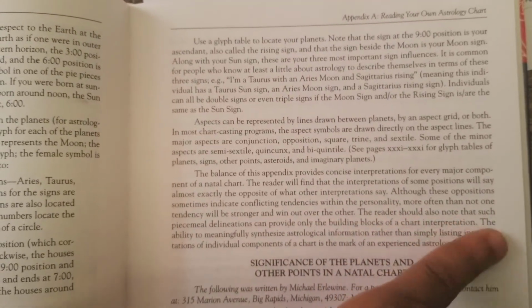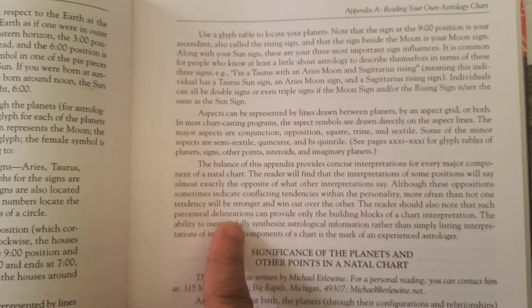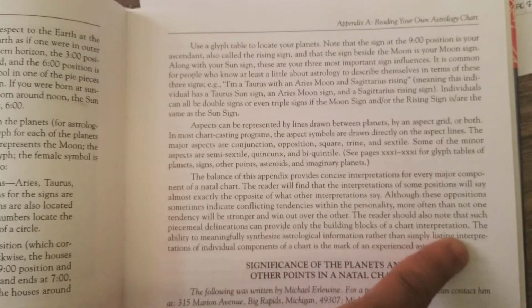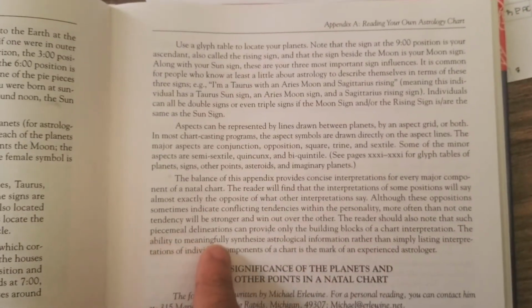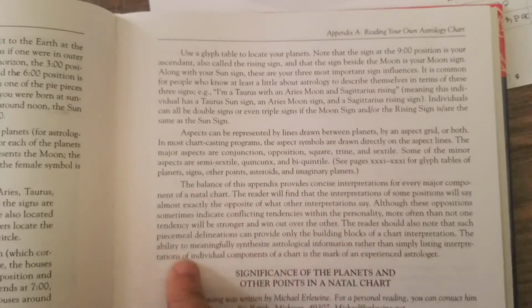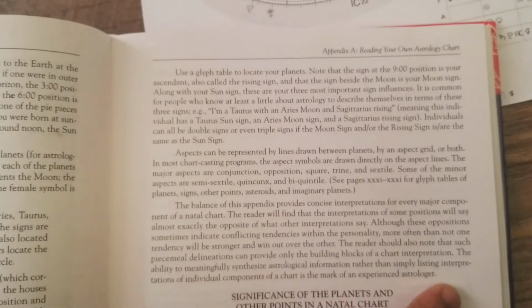The reader should also note that such piecemeal delineations can provide only the building blocks of a chart interpretation. The ability to meaningfully synthesize astrological information rather than simply listing interpretations of an individual component of a chart is the mark of an exceptional astrologer.